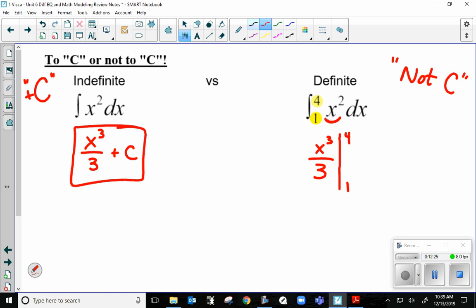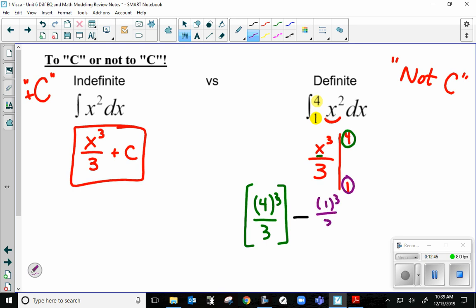I want that from 1 to 4, okay? So I need to plug in my upper bound first into x. So it is 4 cubed over 3. Then I've got to take that value and subtract, throwing the lower bound in there. So it is 1 cubed over 3. So I find out what those 2 values are and I subtract them.